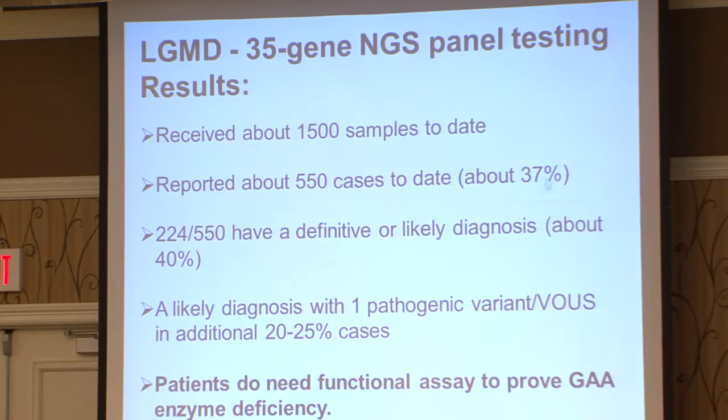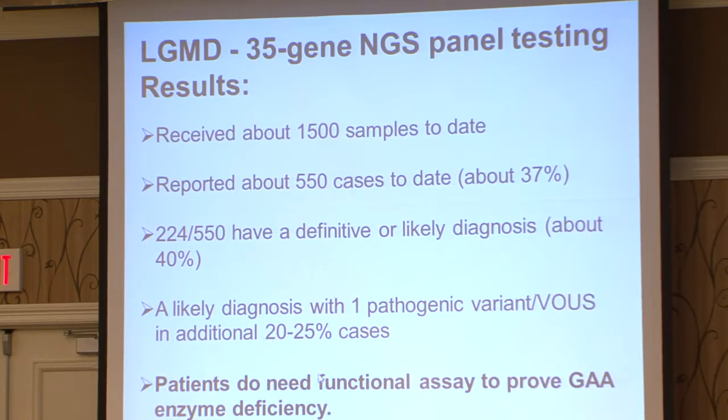Out of these 37% which they have reported, about 40% have a definitive or likely diagnosis, and about 25% of cases have one pathogenic mutation or variant of unknown significance. So there is still not a clear-cut answer for everything, but they really emphasize that this is not the only way.